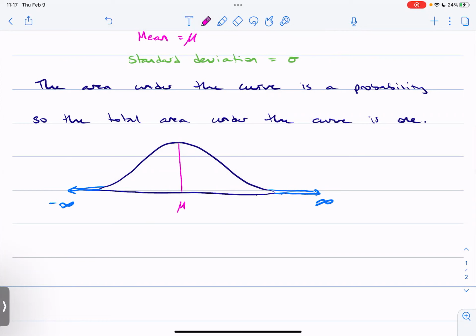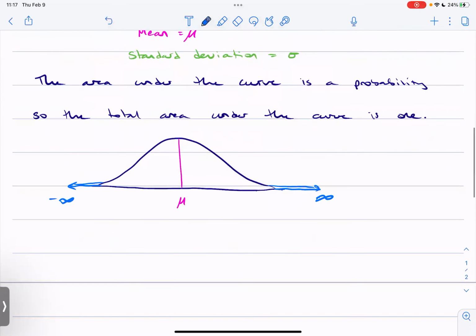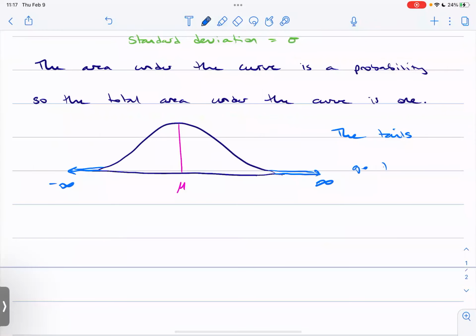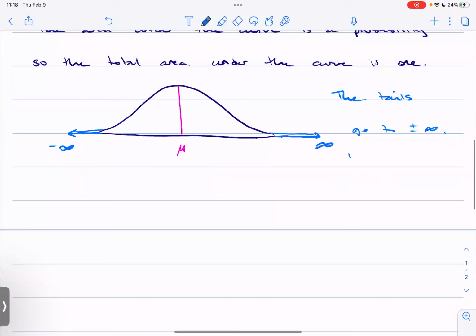So the tails go to plus or minus infinity. There are always reasonable values, but what we're saying is that anything can happen.